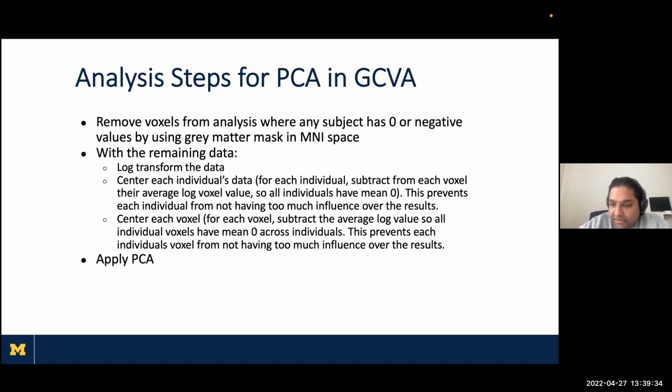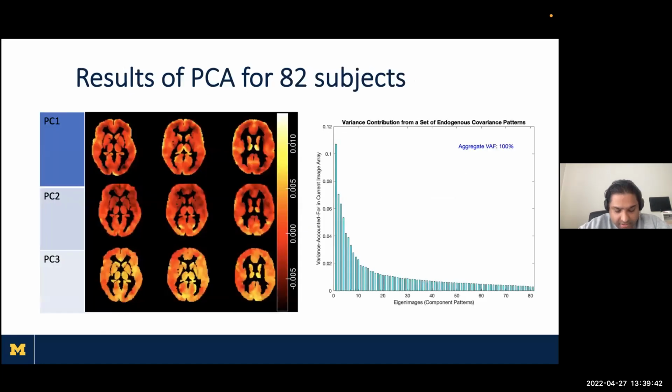So once we center the individual data and center the individual voxels, we apply principal component analysis. In the first case, we only took AD versus DLB as an example. For that one, we have a total of 82 subjects combined.